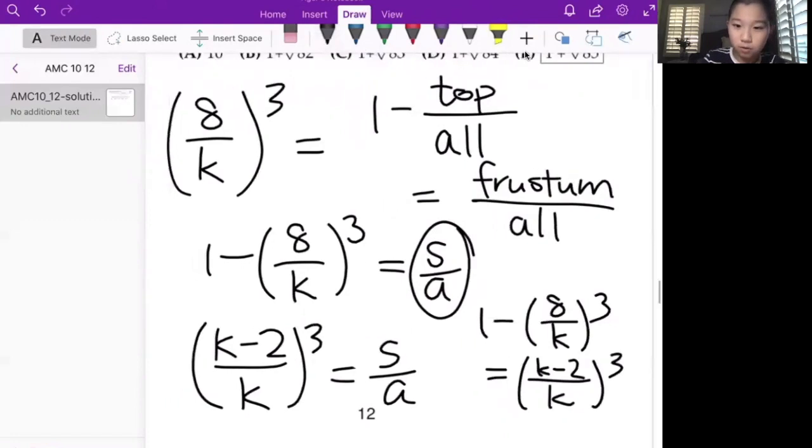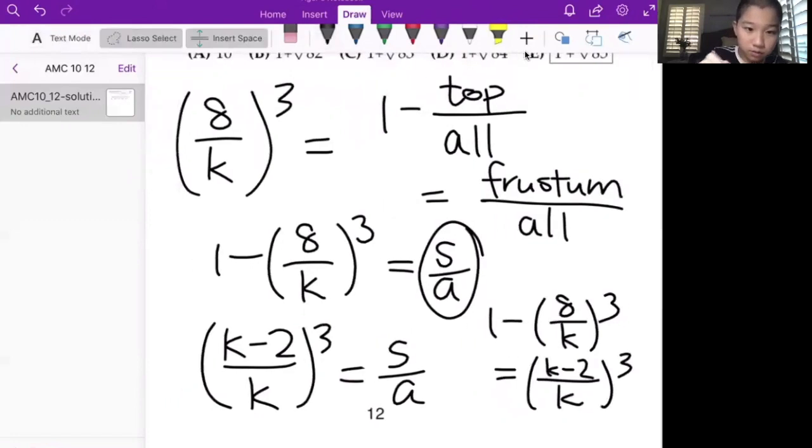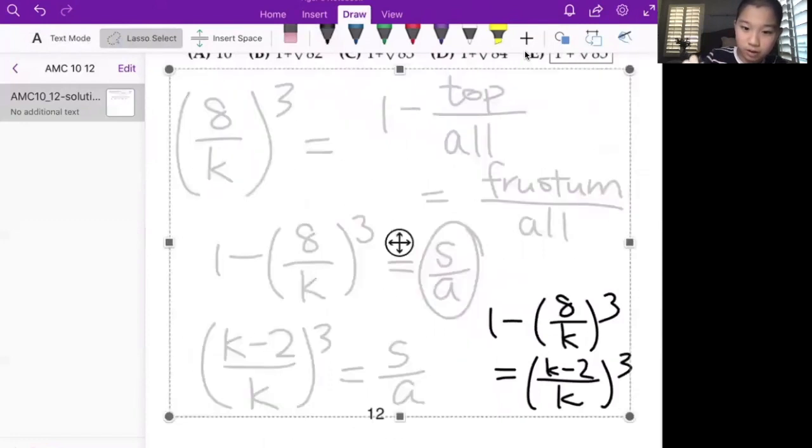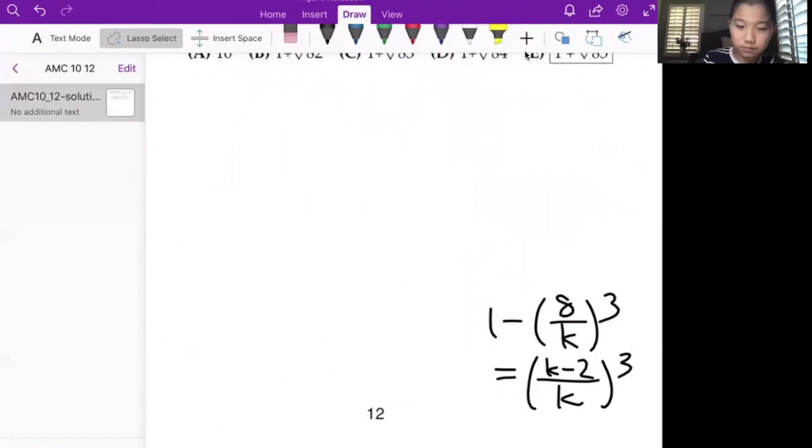Okay, so let's clear up this space. And let's try to solve this equation. So we have 1 minus 8 cubed, 512, over k cubed.